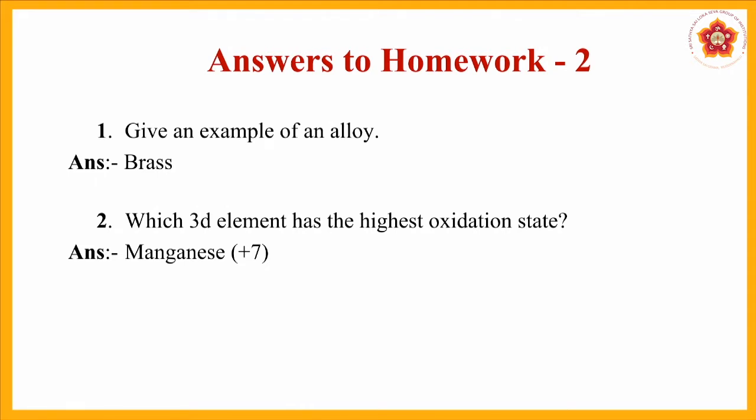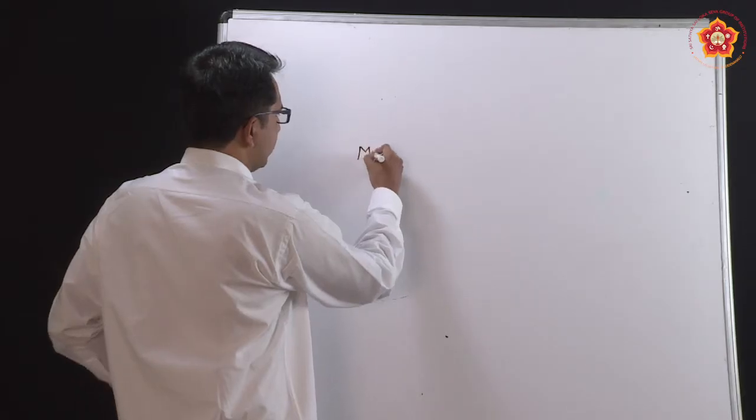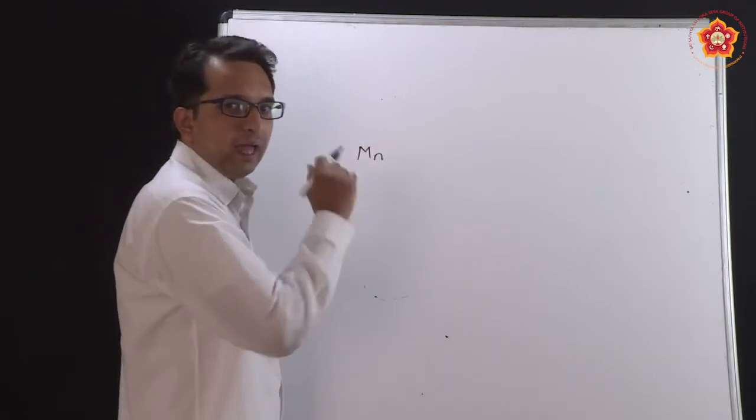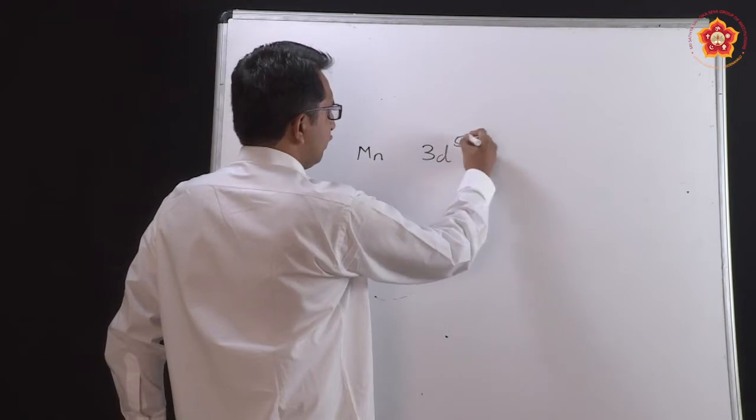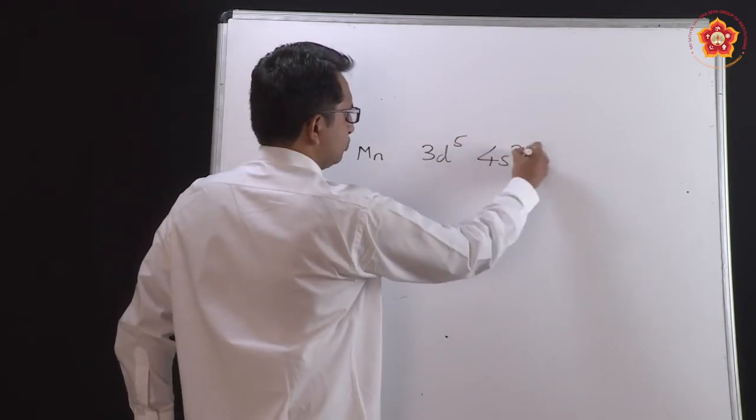The second question, which 3d element has the highest oxidation state? Now, this is more of a theoretical question, but how do we analyze which will have the highest oxidation state? That will depend on the configurations of those particular elements. For example, Mn has a configuration of 3d5 4s2.